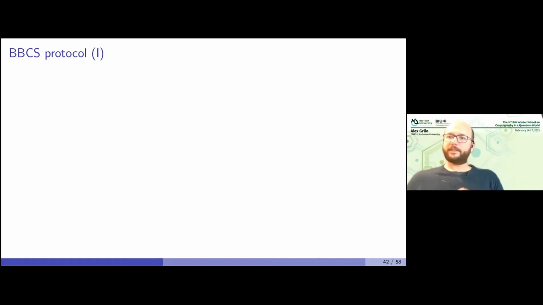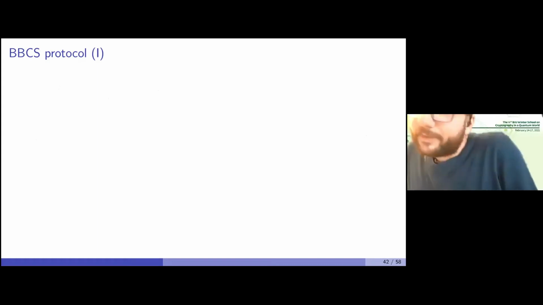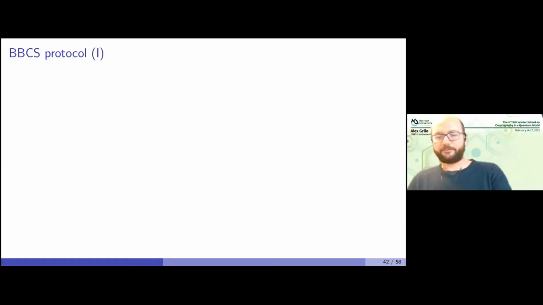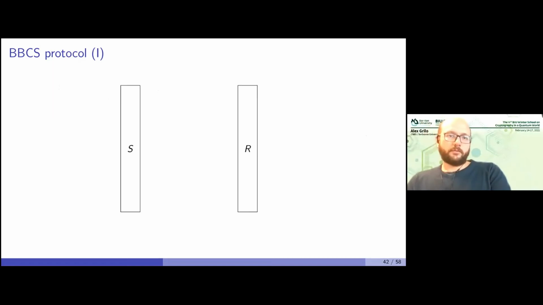So let me describe the first attempt at the BBCS protocol. As you said, this is a protocol for oblivious transfer, and we have the sender and the receiver. At least this first attempt works as follows.